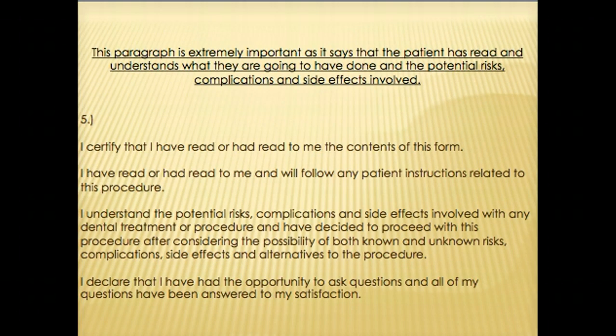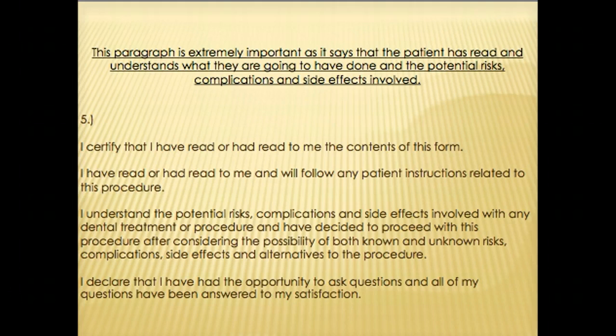The next paragraph or statement is extremely important, as it says that the patient has read and understands what they are going to have done and understands the potential risks, all of the complications, and all of the side effects that are involved in this procedure.